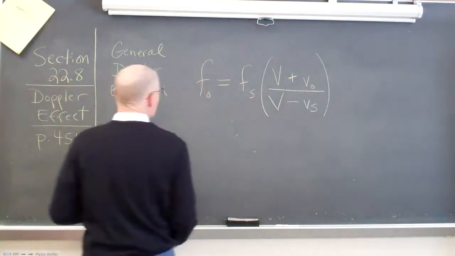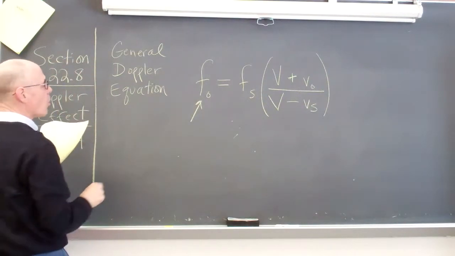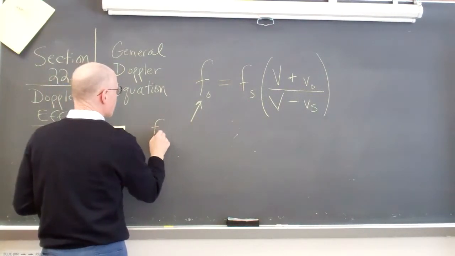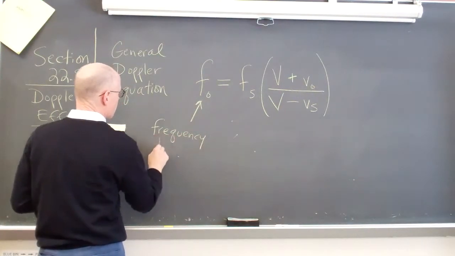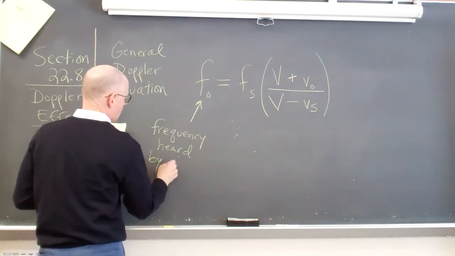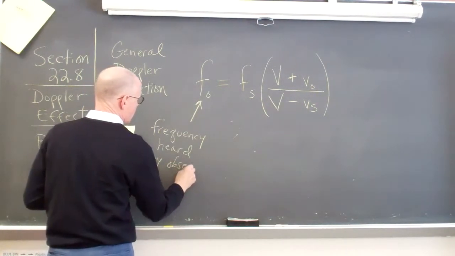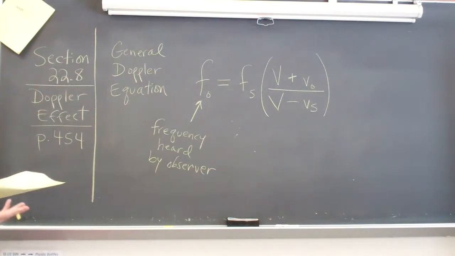All right, so frequency with a subscript o is the frequency heard by the observer. And again, the observer is also the listener, sometimes called the observer, sometimes the listener.